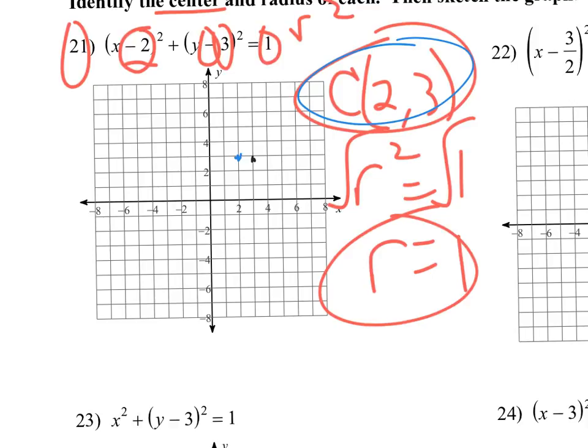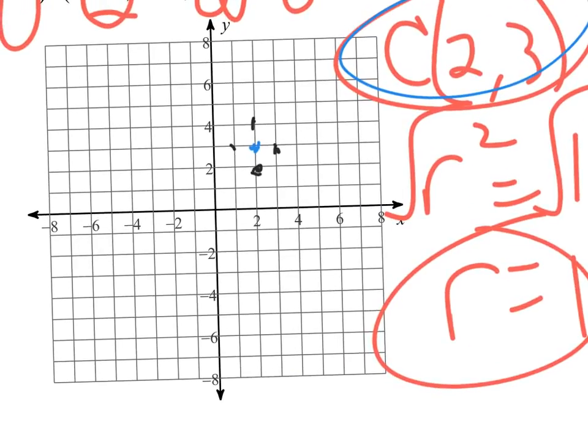So 1 unit that way, 1 unit that way horizontally, 1 unit up, 1 unit down. So this is a pretty small circle here with a radius of 1. And then as best you can, draw a circle and make it somewhat round. So if I draw my circle here, it's going to look something like that.